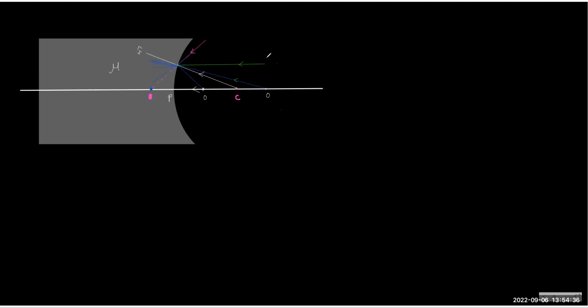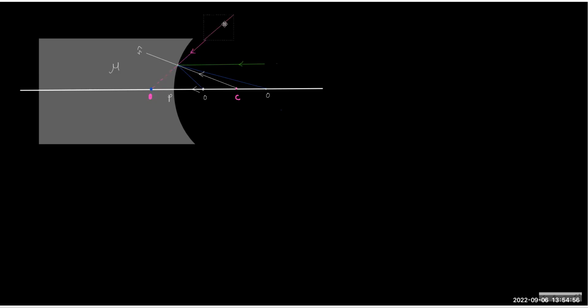Isn't it? Sir, but that pink ray is from a real object. No, the pink one is the virtual object. Who said it's real? How can pink be real? The light is coming from somewhere here, no? The incident ray is coming from where?